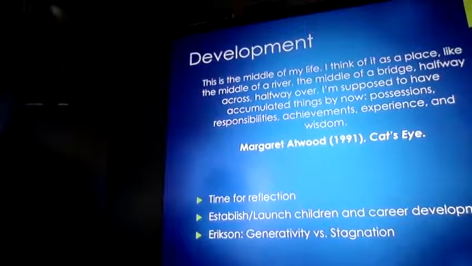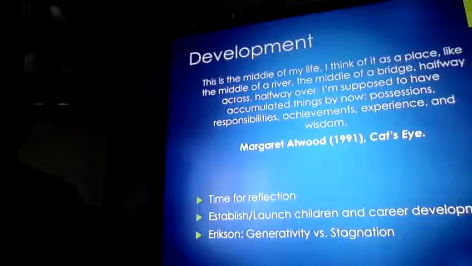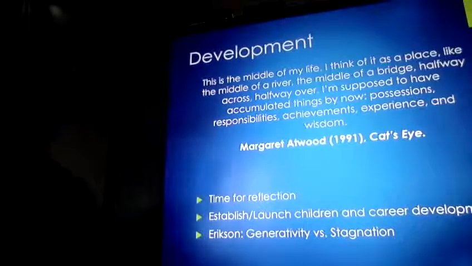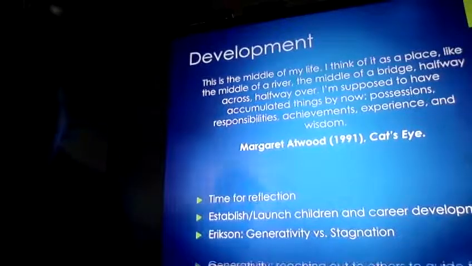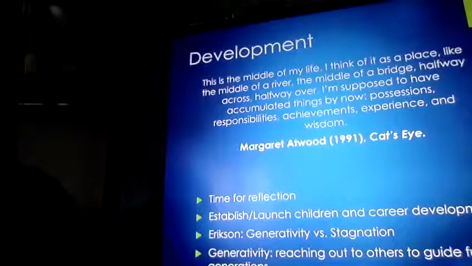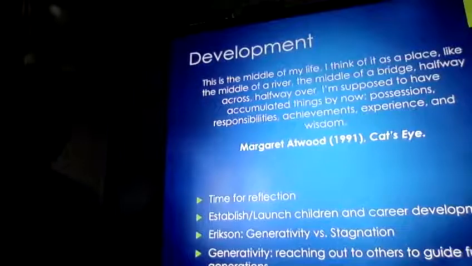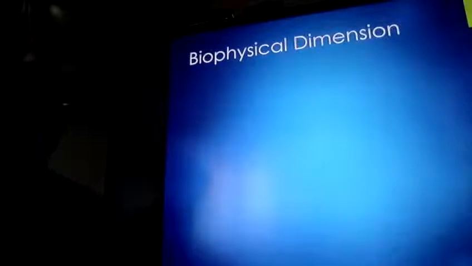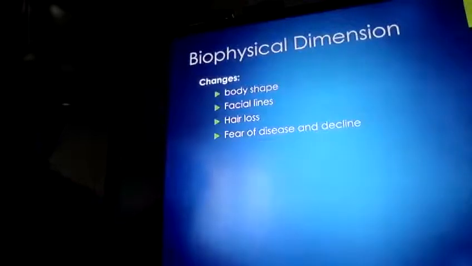But Erikson's stage that you're in now is generativity versus stagnation. So generativity is reaching out to others to guide future generations. And that may be in your job, that might be as a social worker, you could work with teens or adults or even kids. So we'll start getting into that later on in the week.